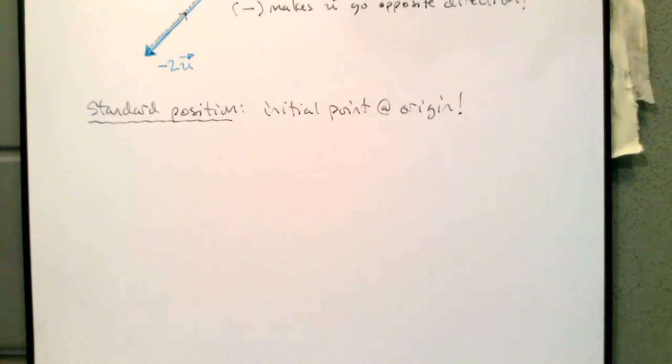A vector in standard position will have its initial point at the origin, and then we can mark the endpoints with coordinates.